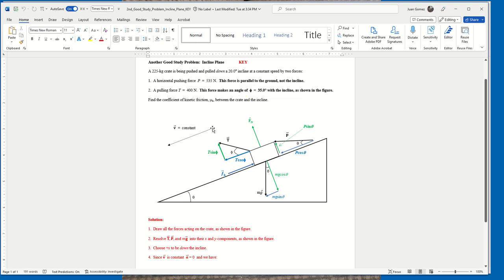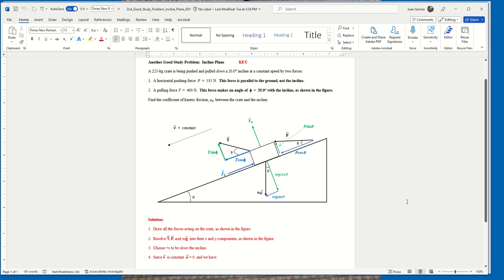So if the object is sliding down the incline, Fk is directed exactly opposite. Here's Fk, directed up the incline. So I've got mg, Fn, P, T, and Fk.